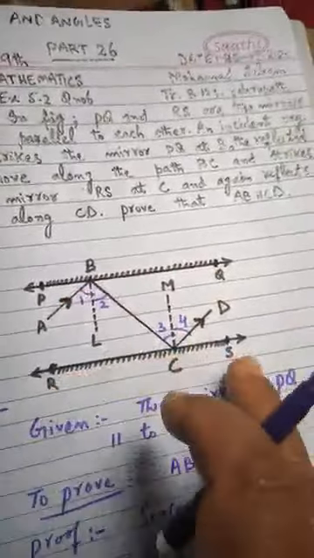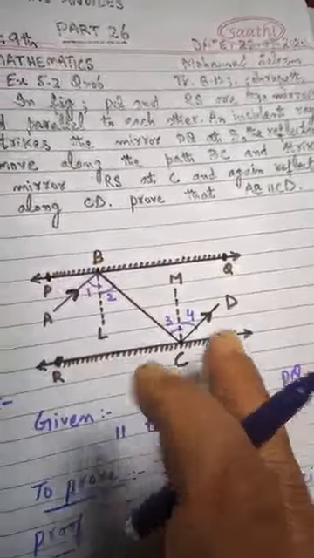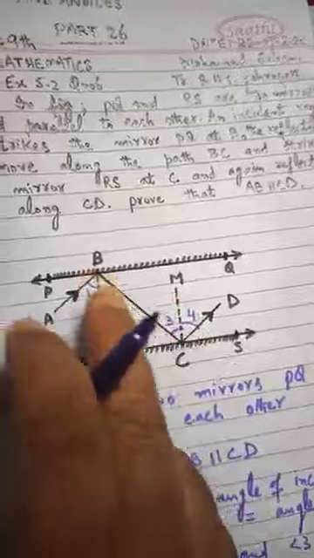अब आप देखिए, PQ is parallel to RS and BL and CM are perpendicular to them.